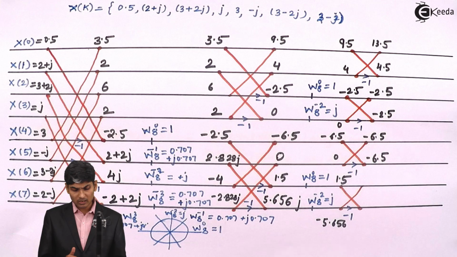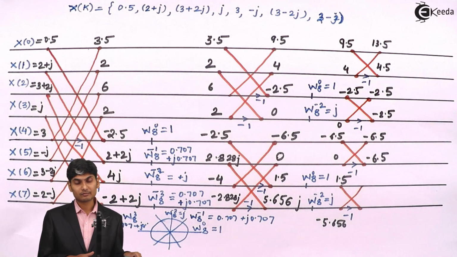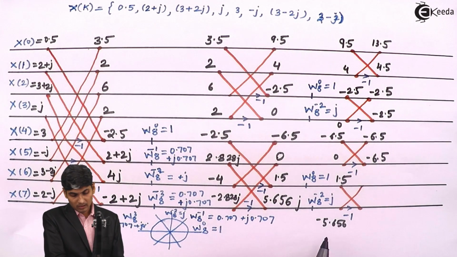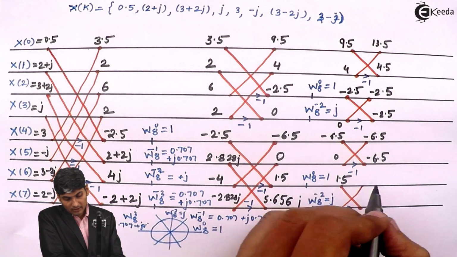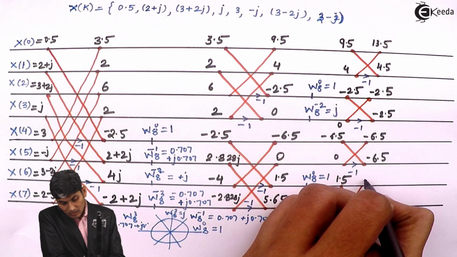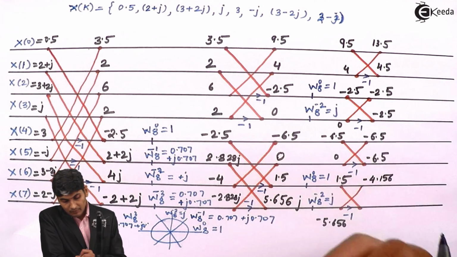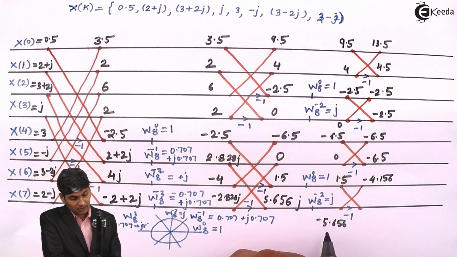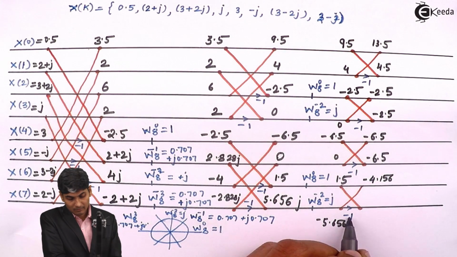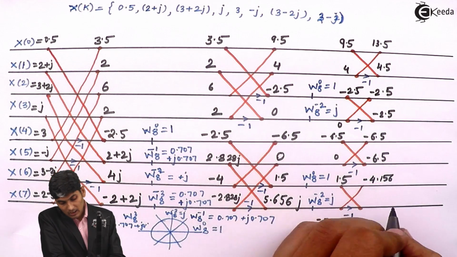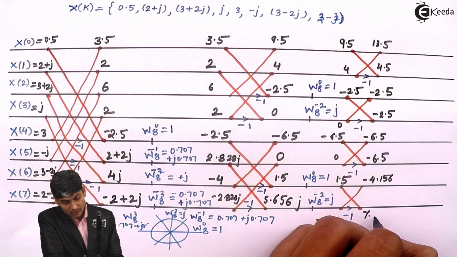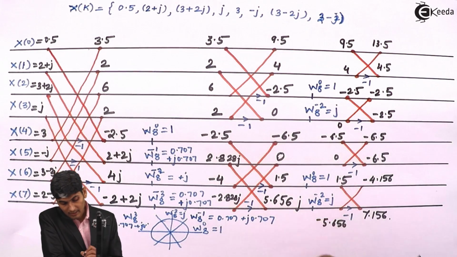So if you calculate it, 1.5 added with minus 5.656 will give me minus 4.156, and 1.5 plus, because it is minus 1 into minus 5.656, will give me plus 7.156.